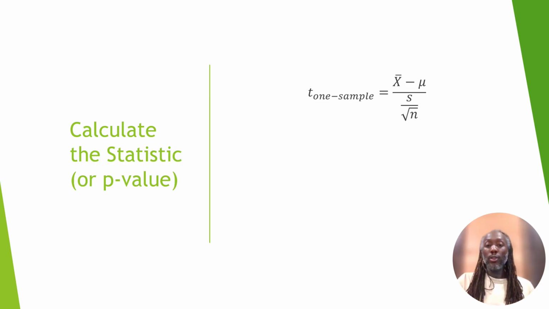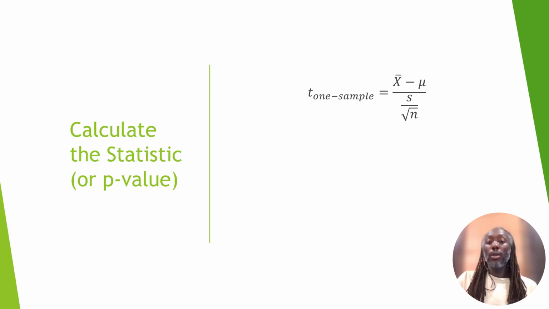You'll hear me call that x bar moving forward. I'll look at the difference between x bar and mu, which is my theoretical population mean. And then I'm going to divide that difference by the standard deviation of my sample, which is also divided by the square root of my sample size.